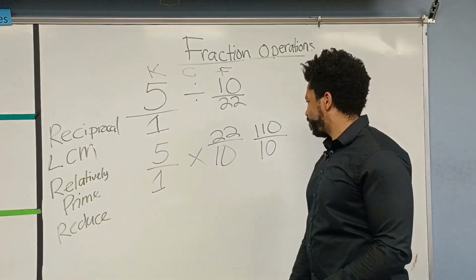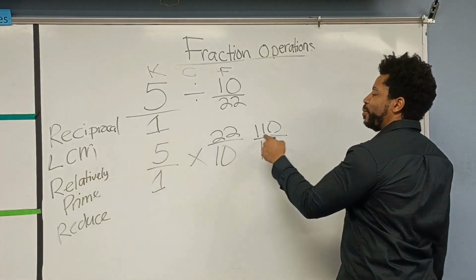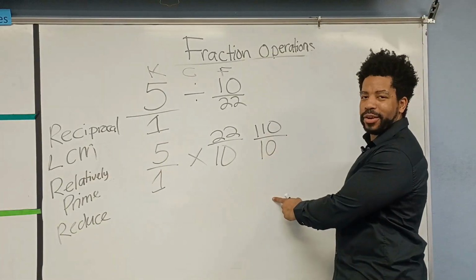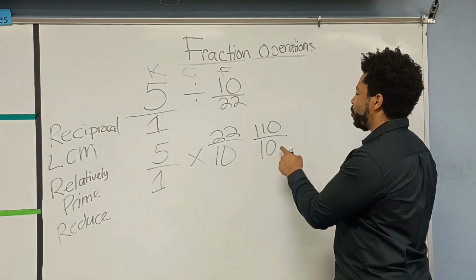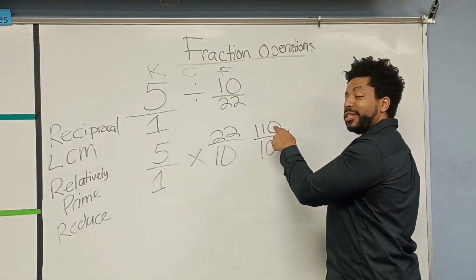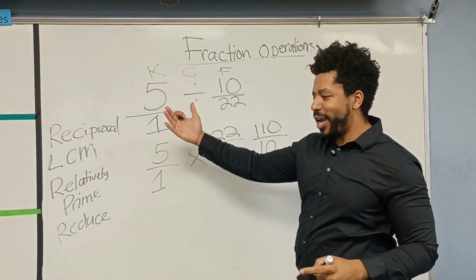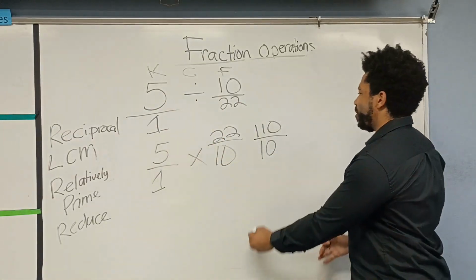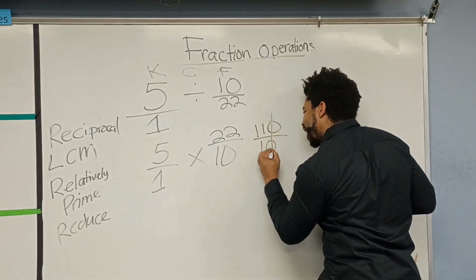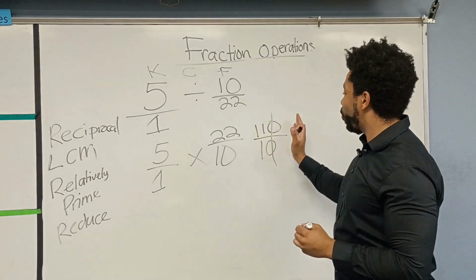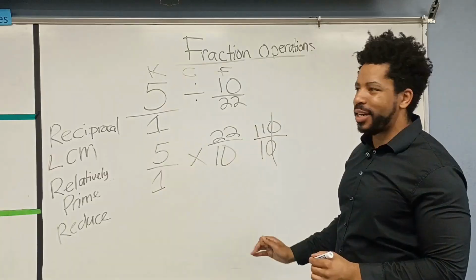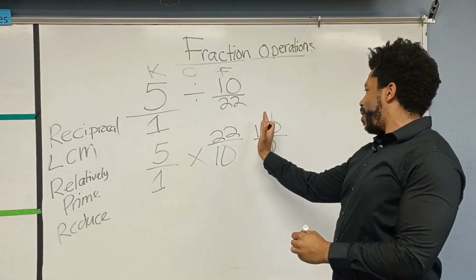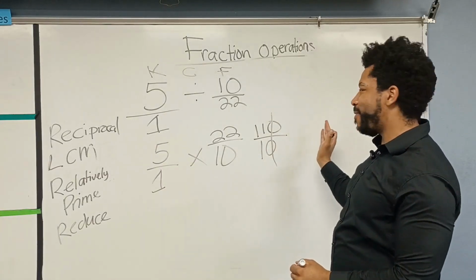Here's what I like to do. Yes, you can put this in your calculator, but also you could look at, okay, there's a 0 in the numerator and a 0 in the denominator. And so we're going to cancel those out. You can only do this strategy when the zeros are on the far right of the number.